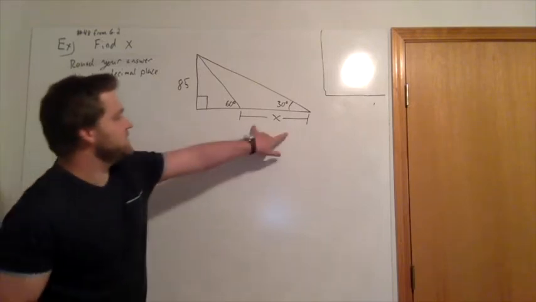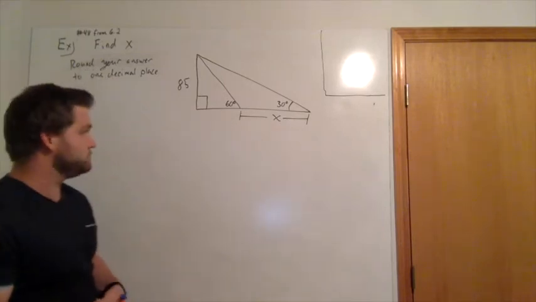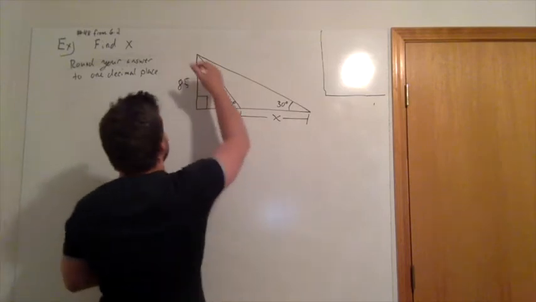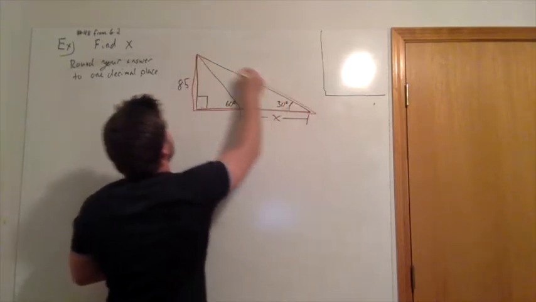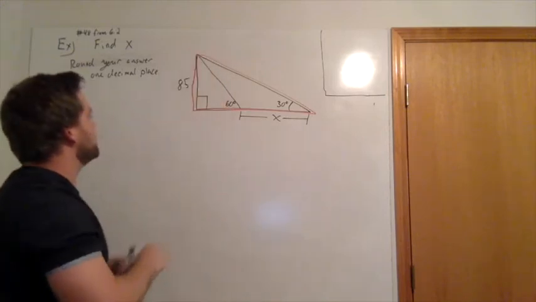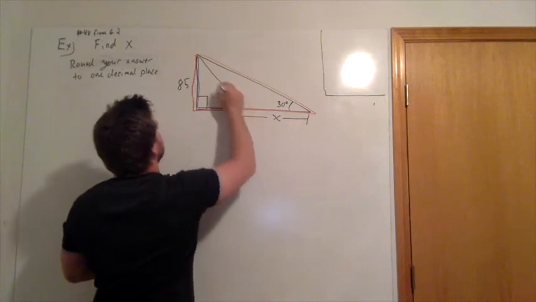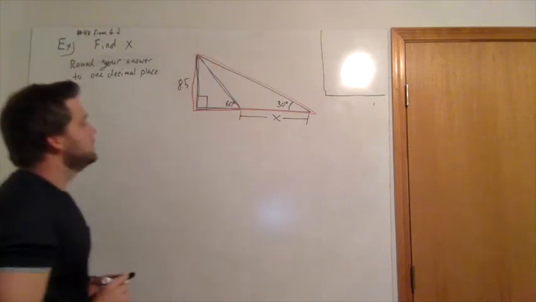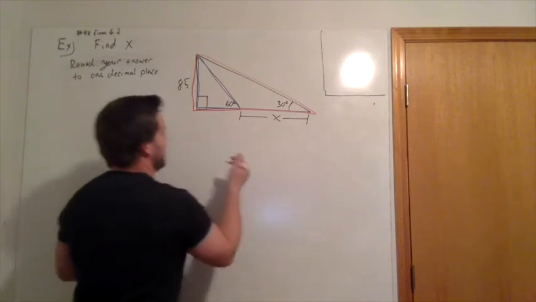To figure out this length x, I'm going to notice I can create two different right triangles in this picture. We have this larger right triangle, which I'll color in red, and this smaller right triangle, which I'll color in blue. For each of these triangles, I will be able to find their adjacent side.